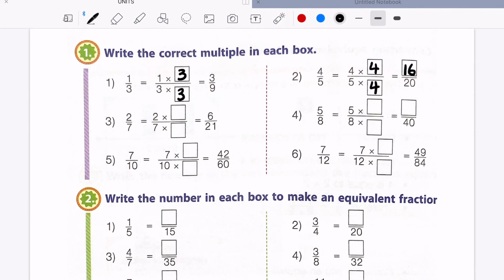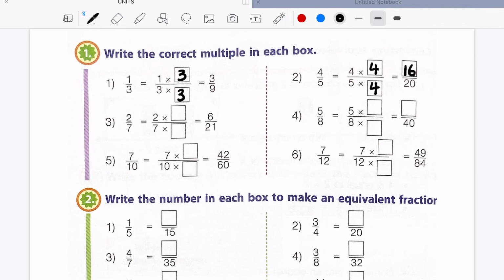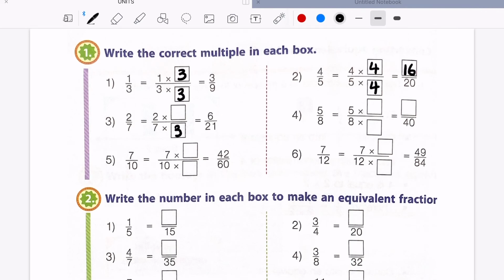So we know 7 times 3 equals 21. We know 2 times 3 equals 6. Okay, let's try number 4.